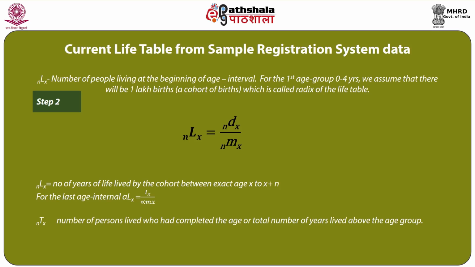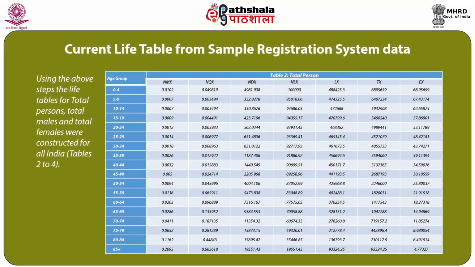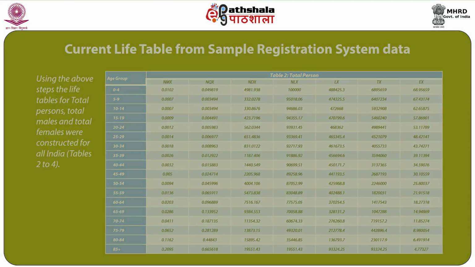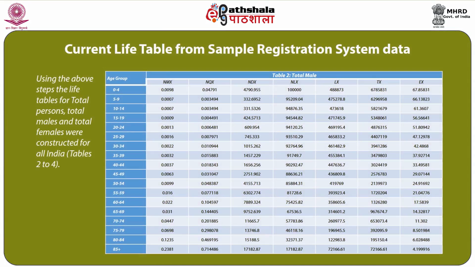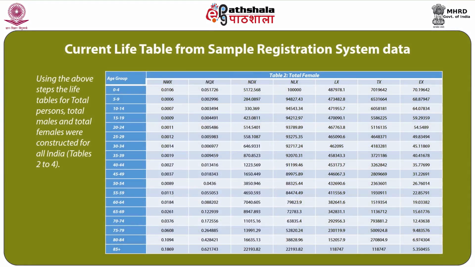Next, NTX, that is number of persons lived who had completed the age, or total number of years lived above the age group. Using the above steps, life tables for total persons, total males and total females were constructed for all India, which is given in tables 2 to 4.